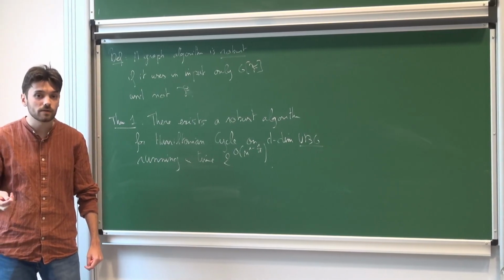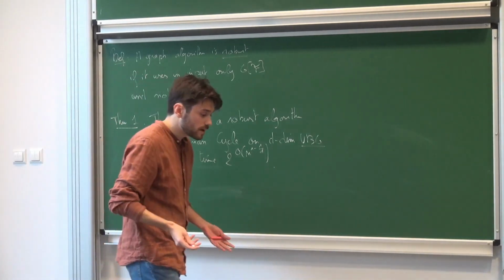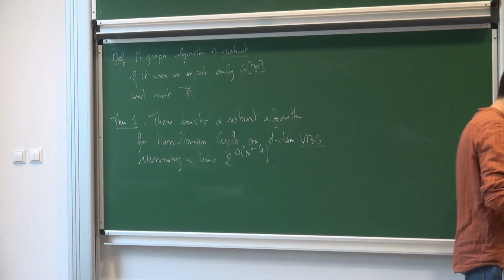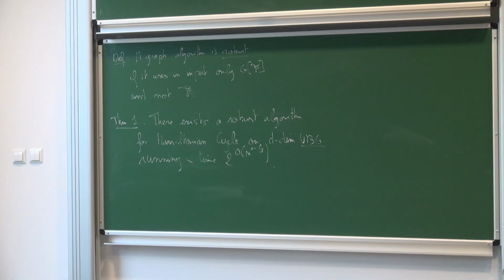What is nice about that is that there was a huge paper in 2018 where basically they proved that almost all classical problems admit some subexponential algorithm like that. And for almost all problems, it was robust, except Hamiltonian path and Hamiltonian cycle. It was the last classical problem for which such an algorithm was yet to be found.